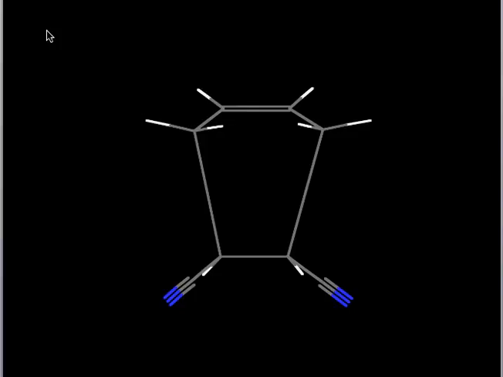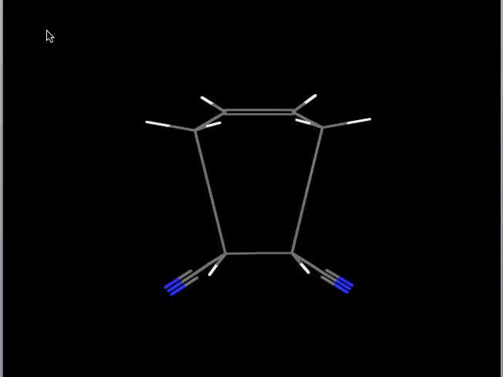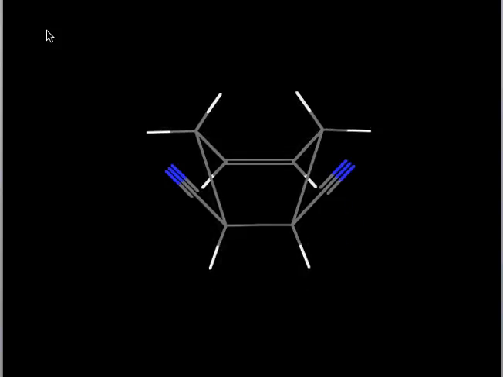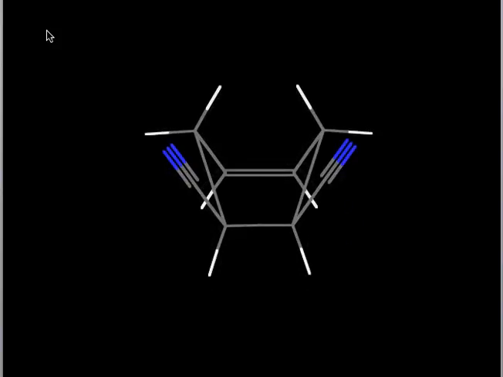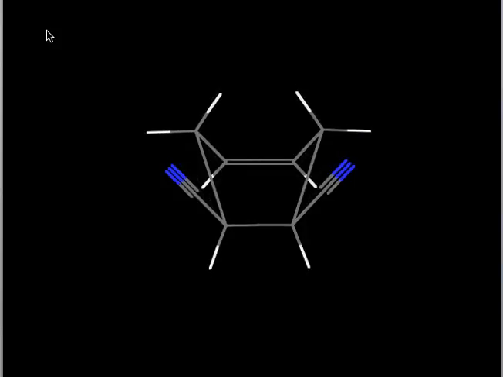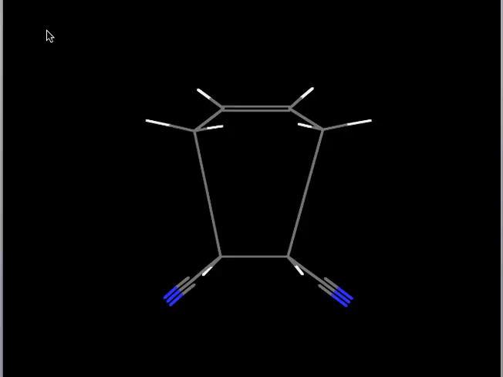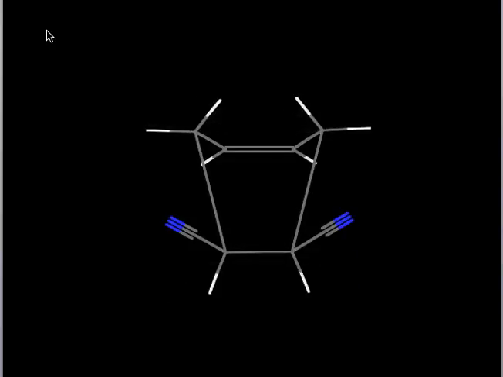Now we can see this by taking this and rotating it around. I'm slowly going to bring this edge up, this edge down. And when I do, I wind up with a boat structure of sorts. And again, here's our 2 hydrogens, these guys bumping into each other, and they still are.